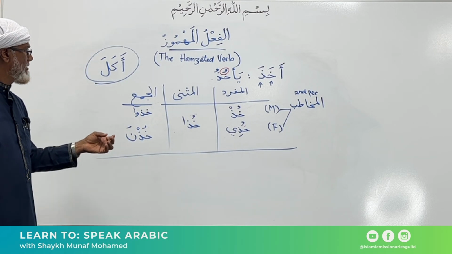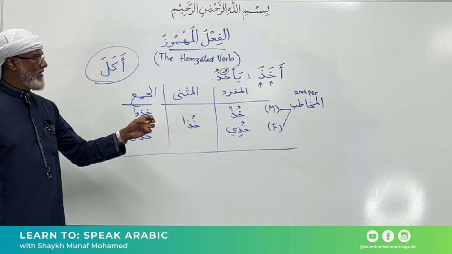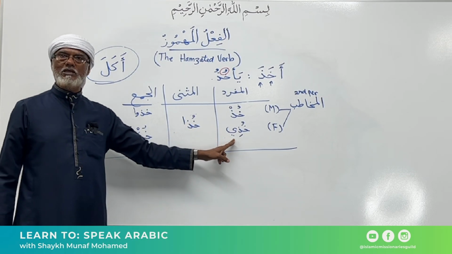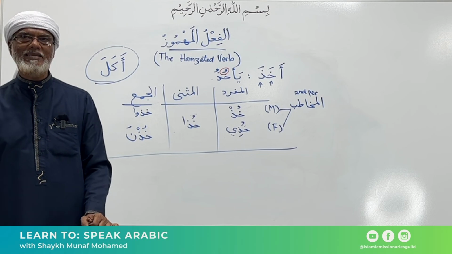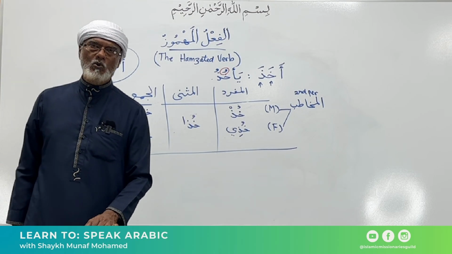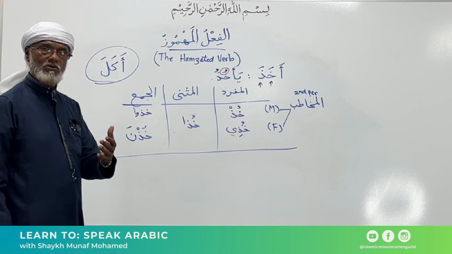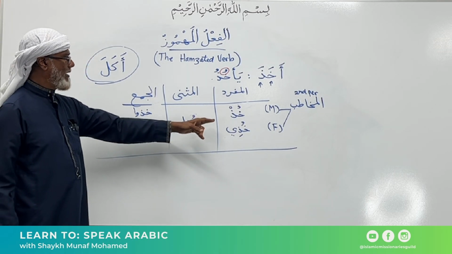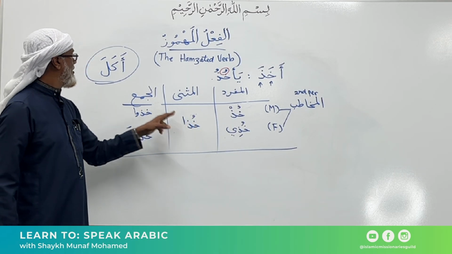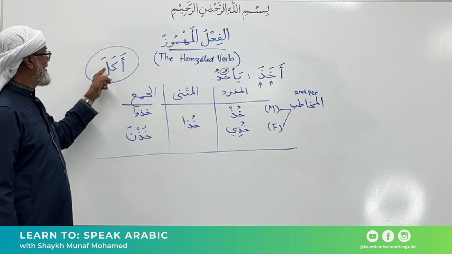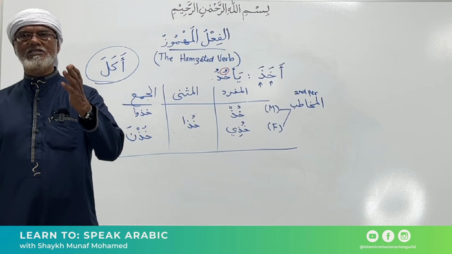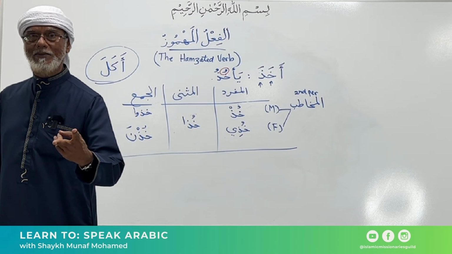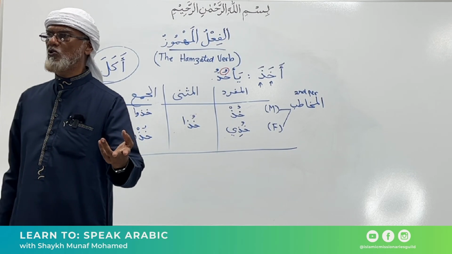Right? And if you're telling a female to eat, you say what? Kuli. Right? Kuli washrabi in Surah Maryam. And you have, for the two will be what? Kula. Ya Adam uskun anta wa zawjuka al-jannah wa kula minha haythu shi'tuma.